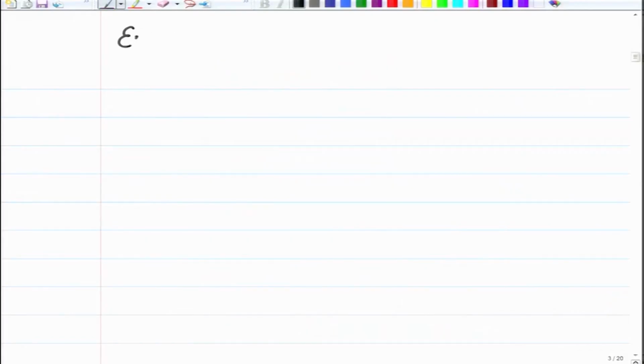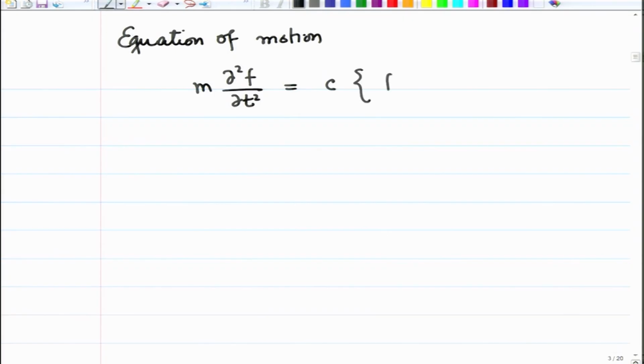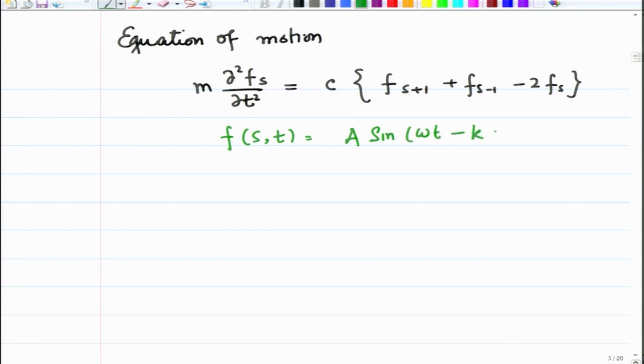The equation of motion is d2f over dt square is equal to c times f s plus 1, and this is for the sth atom, plus f s minus 1 minus 2 f s, and the solution I am looking for is of the form f at s, t equal to some amplitude A sine of omega t minus k s a.